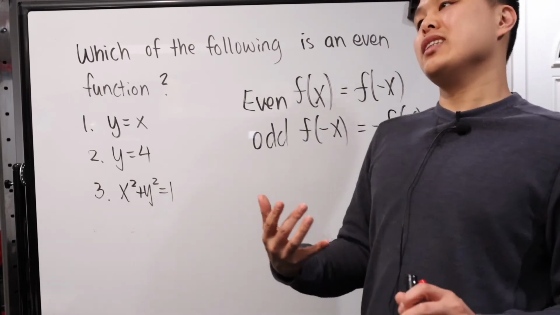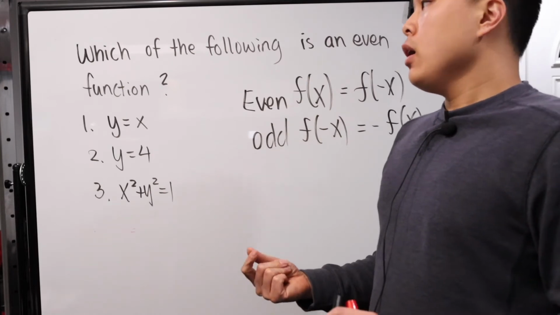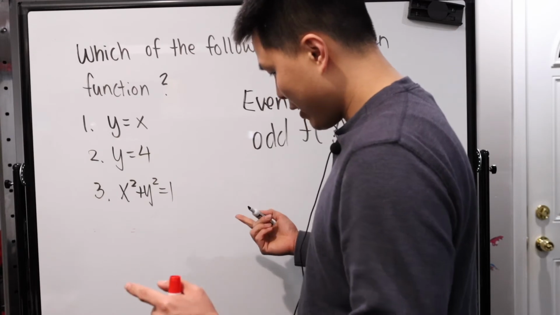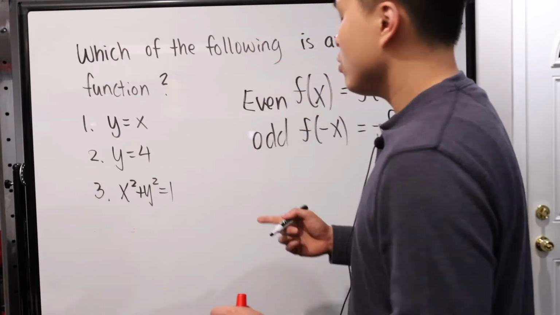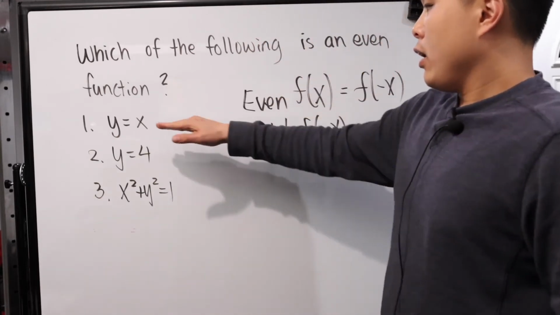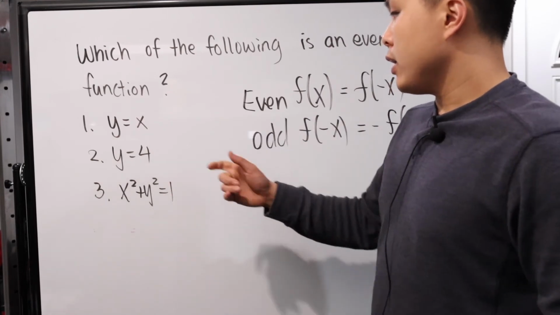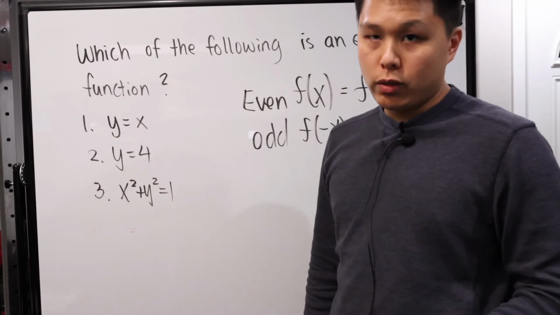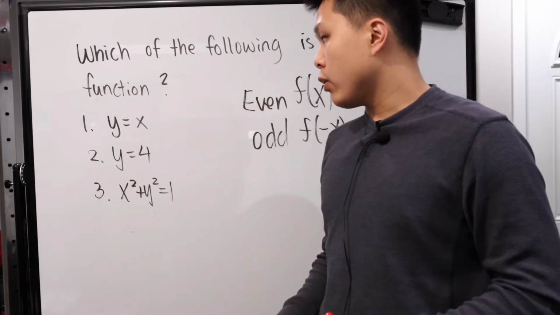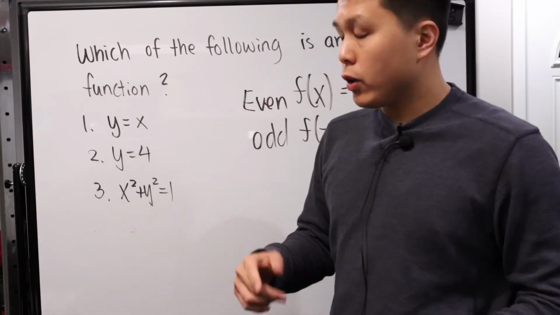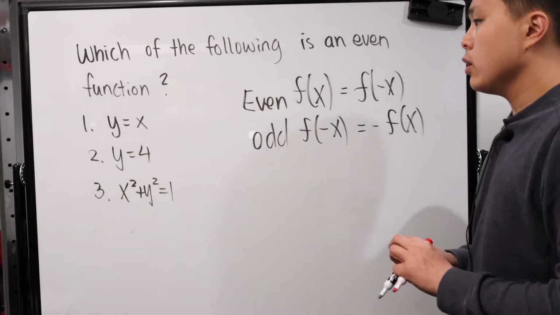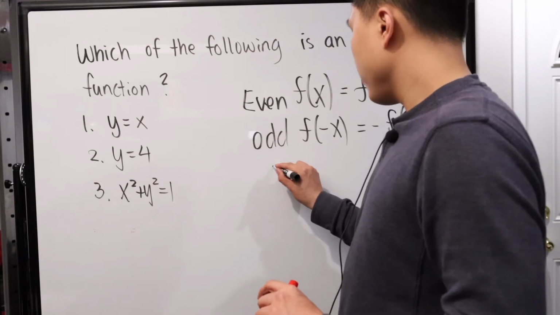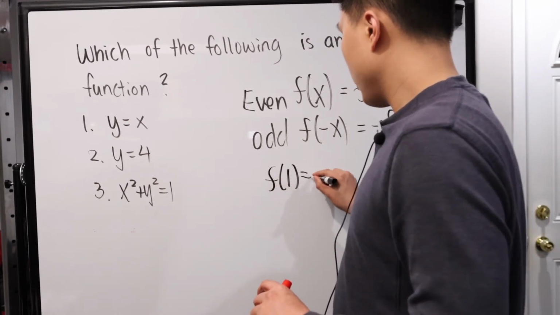So how do I show that? For example, without really giving it away too much, let's look at this. Is this even or odd? Well, if I put in 1 for x, y equals 1. If I put in negative 1 for x, y equals negative 1. That's what I want you guys to focus on. If I put in f of 1, I get 1.